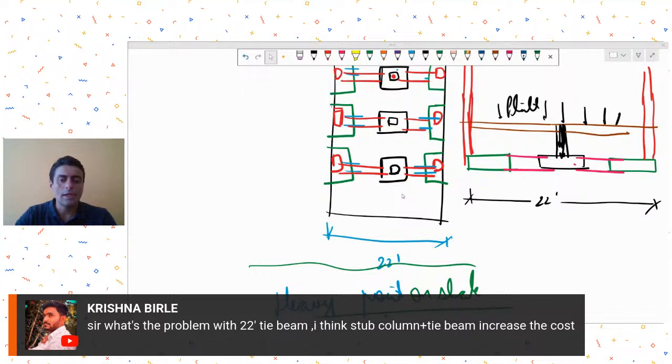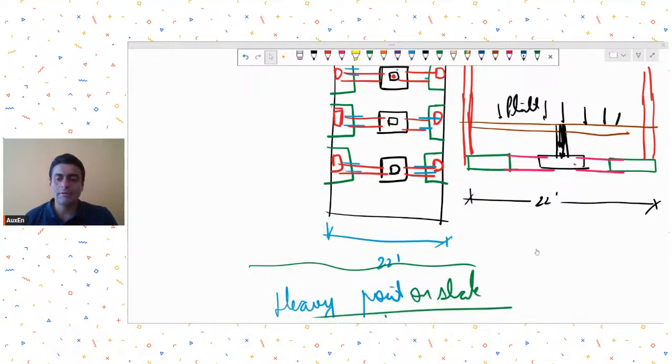Clients, especially for these small projects, trust the contractor more than they trust you, isn't it? That's the reality. If a contractor says a particular thing, the client is inclined to believe the contractor more than the structural engineer. So if you provide a 22 feet tie beam, the contractor would say this is very heavy, and the client in most cases would believe that.